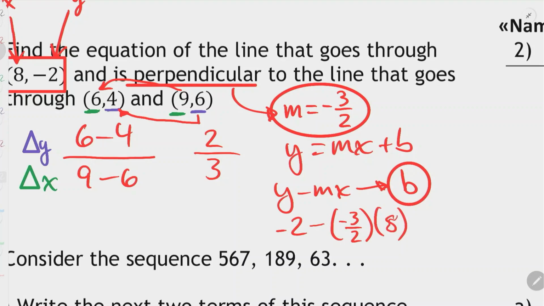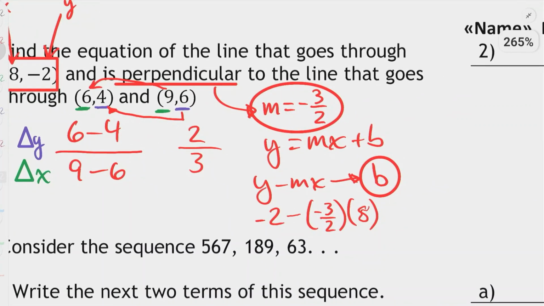Well, 8 divided by 2 is 4, times 3 is 12. It looks like negative 2 minus... no, negative 2 plus 12, because it's this minus negative 12. So negative 2 plus 12. So my y-intercept is 10.